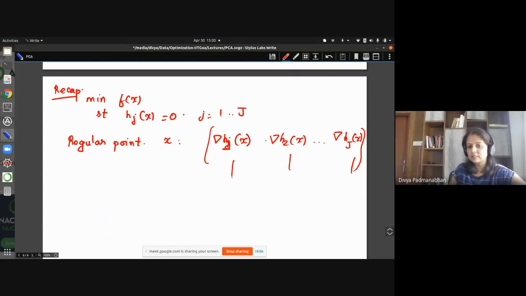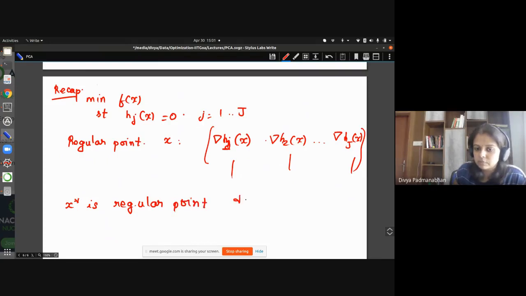That's when x is a regular point. The necessary condition was that if x star is the optimum for this optimization problem and x star is a regular point, then x star will satisfy the KKT conditions.